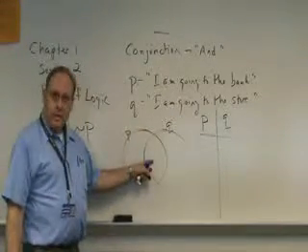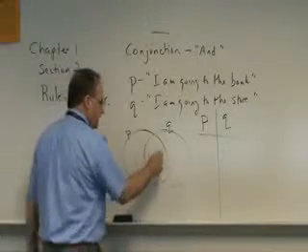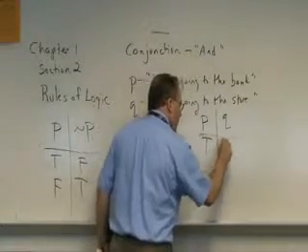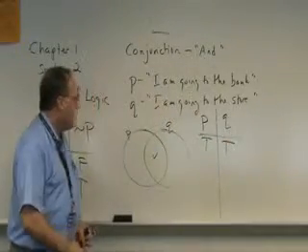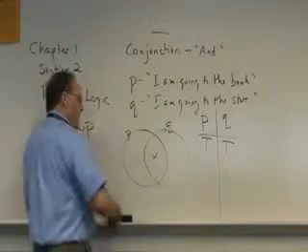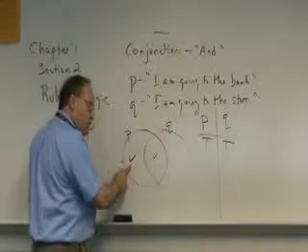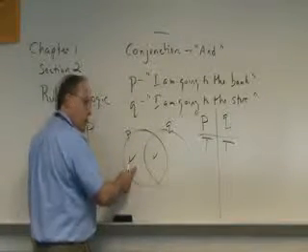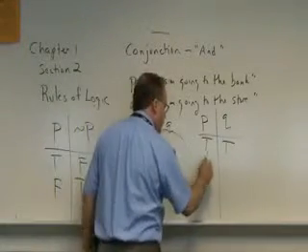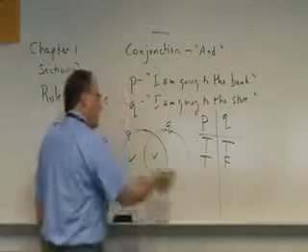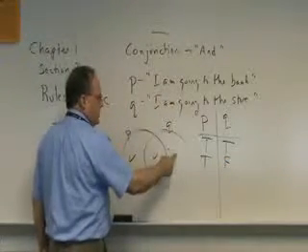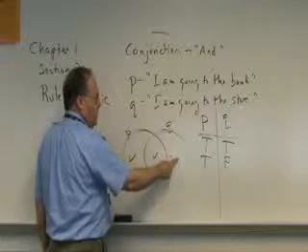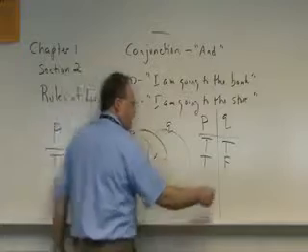It can both be true at the same time. And you see right here, it's inside P, here it's inside Q, so they can both be true at the same time. Or, in this one here, P can be true, but since it's outside of this Q circle, Q would be false. Now, inside this circle, and right at this particular juncture, Q would be true, but P would be false.